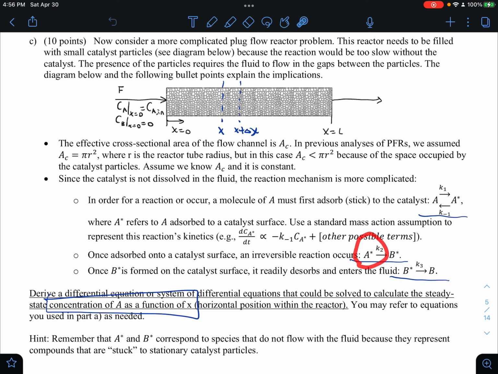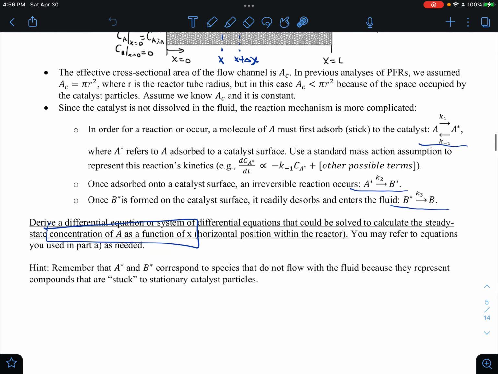So now A star converts to B star, which is still stuck to the catalyst surface. And as the last step, B star goes to B, and that is released in the flow. What are we actually trying to solve? We're trying to solve for the concentration of A as a function of x at steady state.